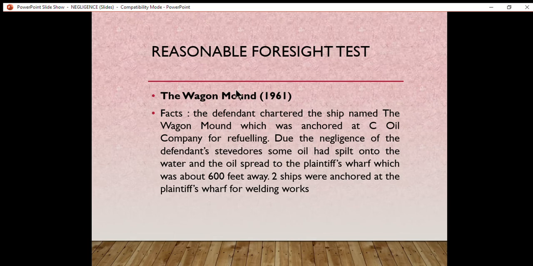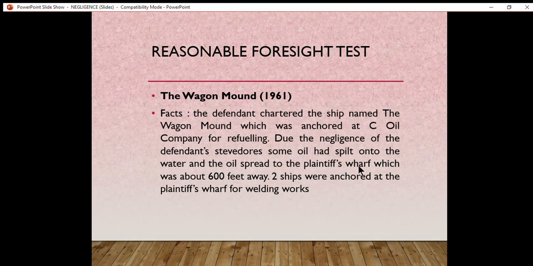Okay, in this case, the defendant chartered the ship named the Wagon Mound, which was anchored at Sea Oil Company for refueling. Due to the negligence of the defendant's stevedores, some oil had spilled onto the water and spread to the plaintiff's wharf, which was about 600 feet away.